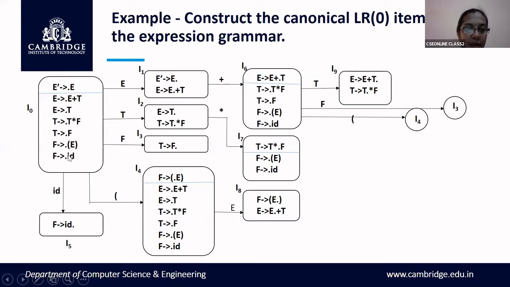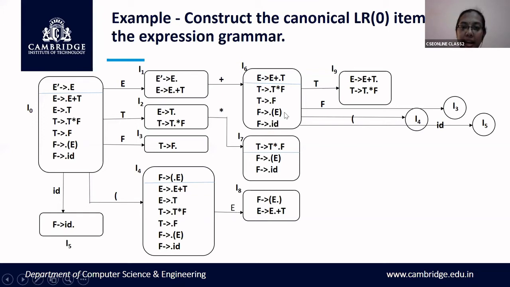On ID, dot moves one position towards the right hand side. So it is just the repetition of the state I5. So instead of putting an arrow mark from there to here, again I am using the same notation to show the state. It is the same as that of state or item set I5.